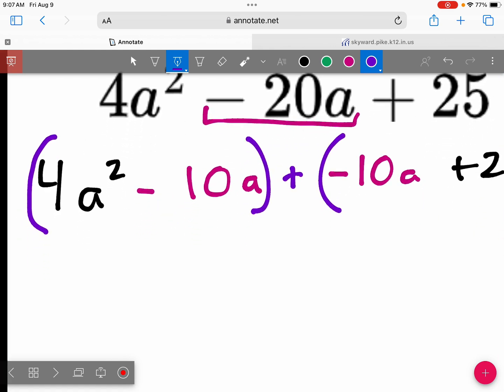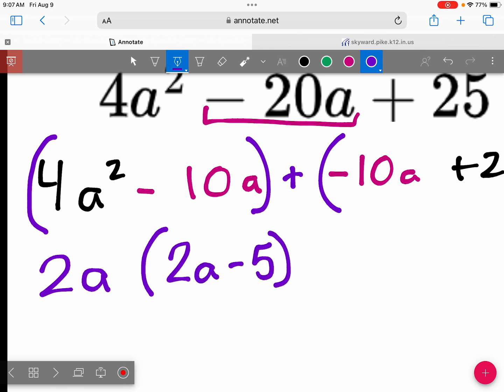So we look at each of these pairs individually for grouping. What is a common factor between 4a squared and minus 10a? 2 and a. And that's going to leave us with 2a minus 5. Then I'm going to do the same thing on the second pair.